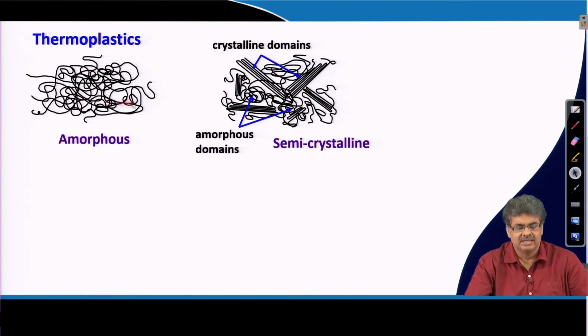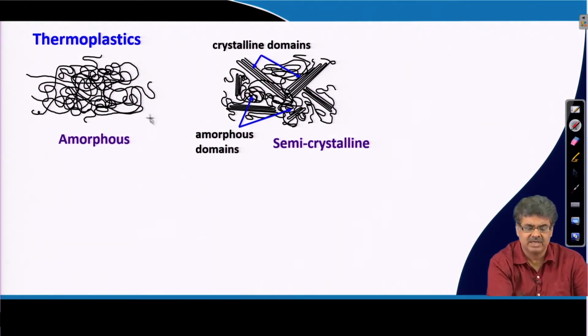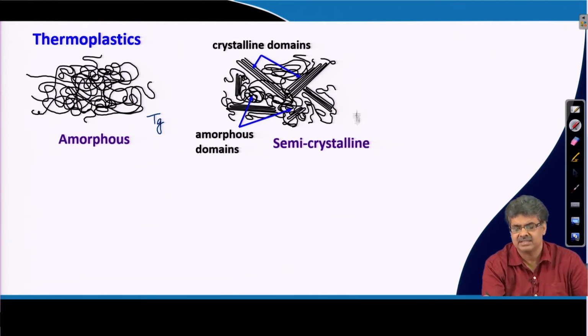Thermoplastics are of two types, as we said: amorphous or semi-crystalline polymers, which contain both crystalline and amorphous regions. Amorphous polymers are characterized by a temperature called the glass transition temperature, and semi-crystalline materials are characterized by two temperatures: melting point Tm, which is related to the crystalline domain, and glass transition temperature Tg, which is related to the amorphous domains.